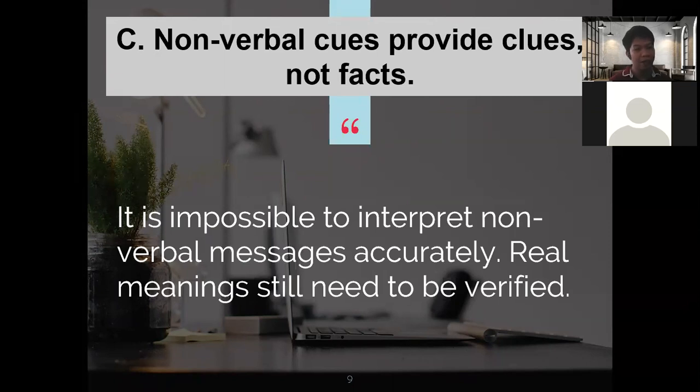Although, as I have said, we have commonalities in terms of using nonverbal cues, but not all nonverbal communication cues can be interpreted correctly or share commonalities when it comes to the meanings.